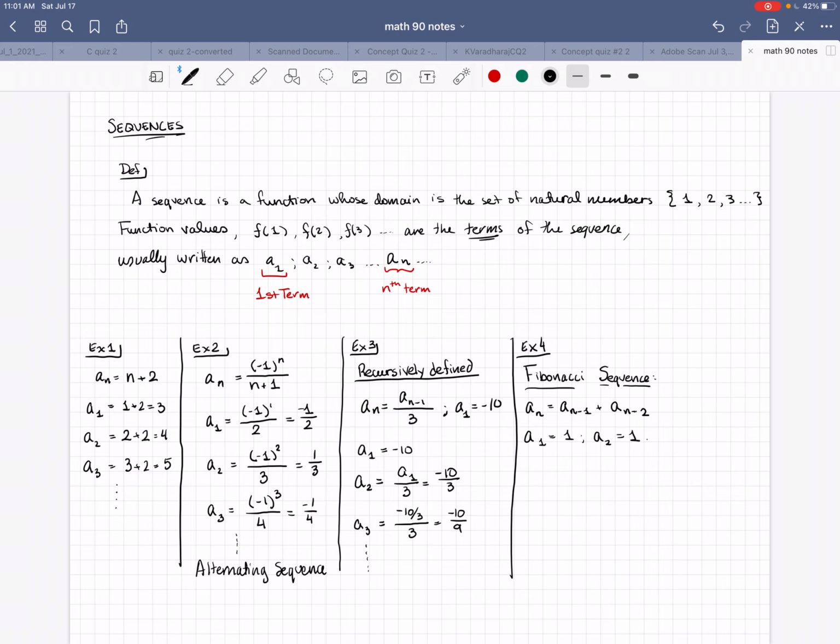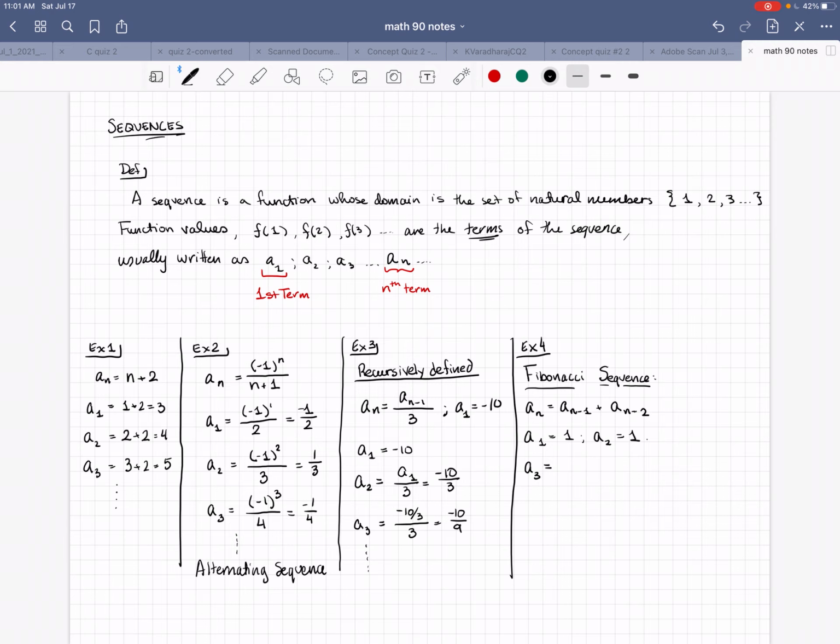In fact, all of the terms could be exactly the same. So don't allow that to spook you. So if a sub 1 is 1 and a sub 2 is also 1, what's a sub 3?